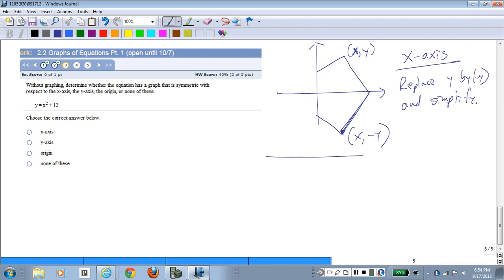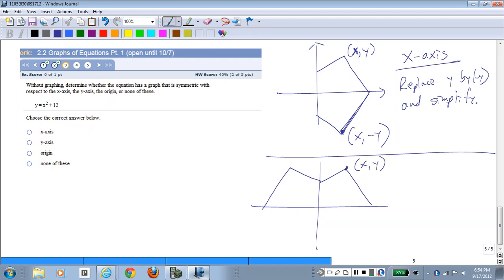For y-axis symmetry, which is what we'll do here, if we have something like this, and it has y-axis symmetry, whenever x, y is on there, what's its image across the y-axis? Negative x, y. Same y, because you're going straight across, but it's on the opposite side of the y-axis. So negative x, y is going to be on there when x, y is on there.